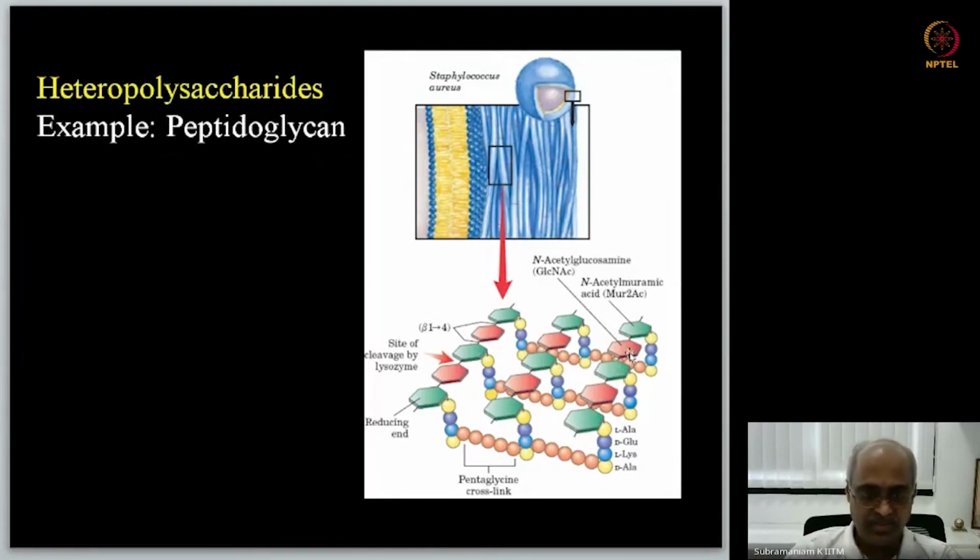These two monomers alternate in these long chains, and multiples of these chains are held together by these 4 amino acids attached to one of the carbons: alanine, glutamic acid, lysine, and alanine.